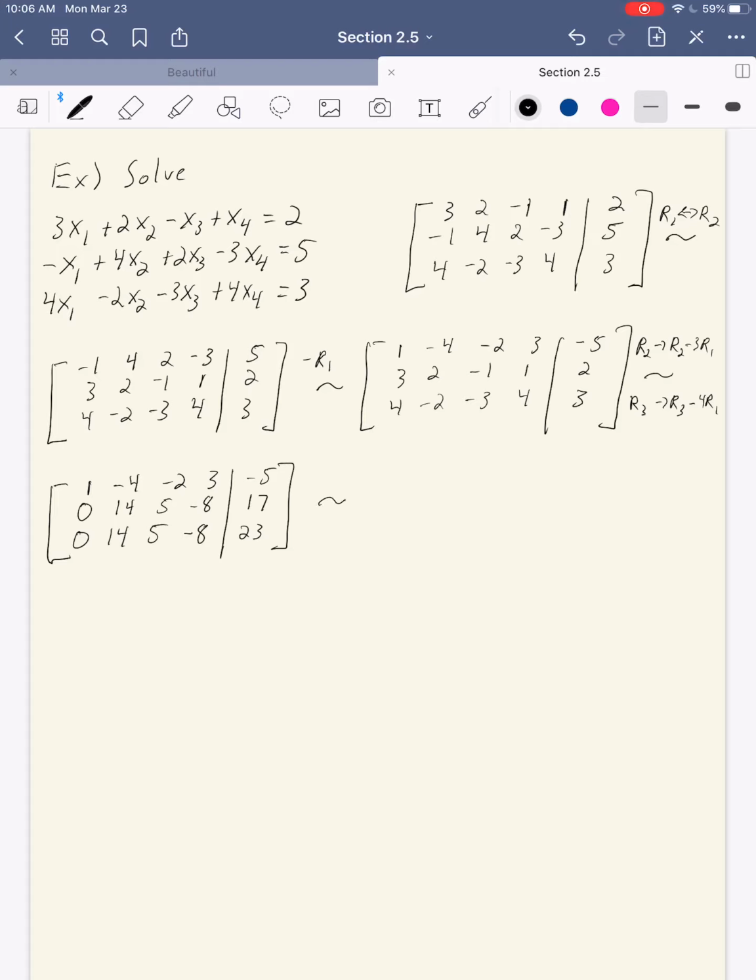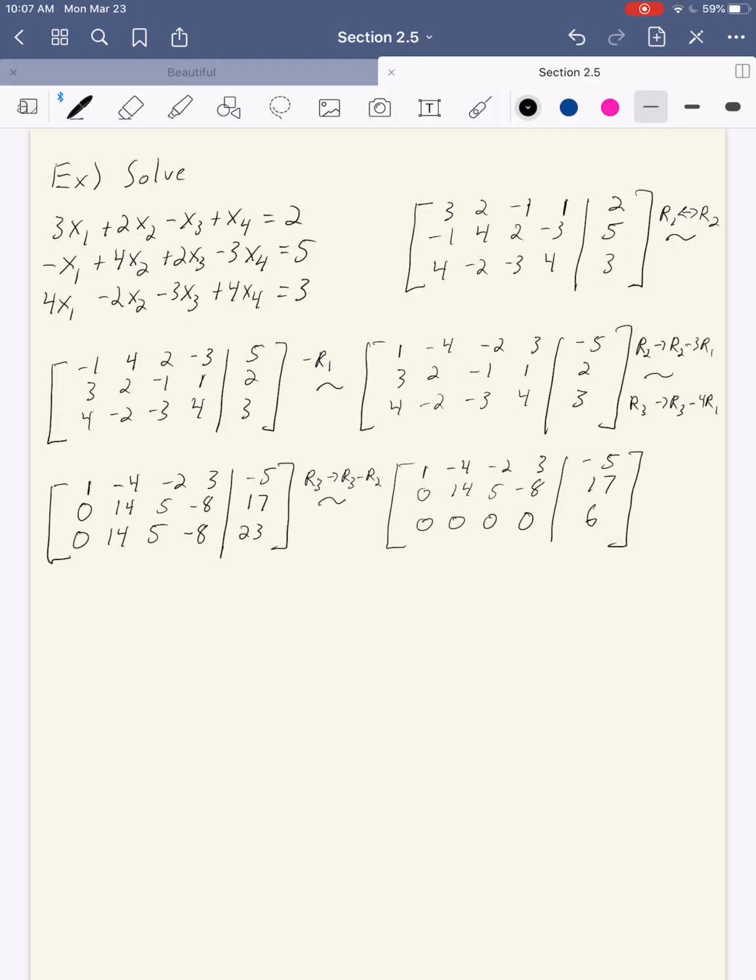So let's take row 3 and replace it with row 3 minus row 2. If we do that, we would get 1, -4, -2, 3, and -5, 0, 14, 5, -8, and 17. And then we would get 0, 0, 0, 0, and then 23 minus that 17, which is 6.